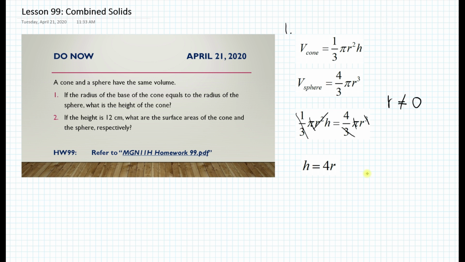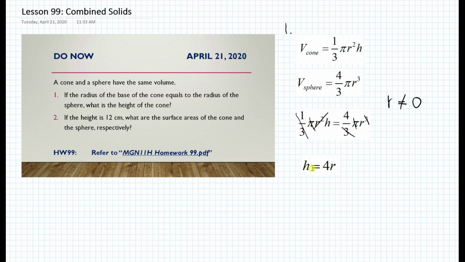Because here we're not given any numerical values, we know that the height of the cone has to be 4 times the radius of the base of the cone, or 4 times the radius of the sphere itself. Okay, so what about number 2? For number 2, we know that the height of the cone is 12 centimeters.